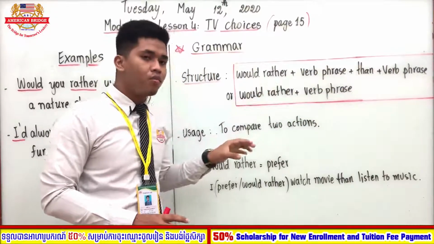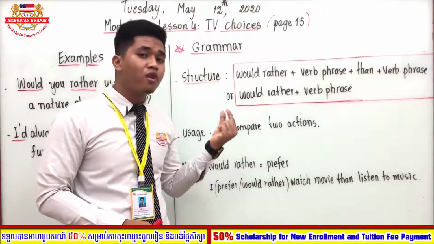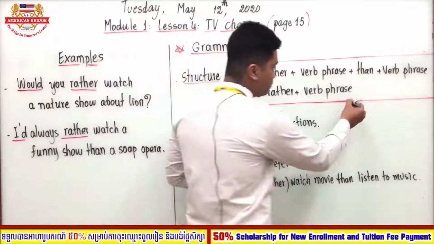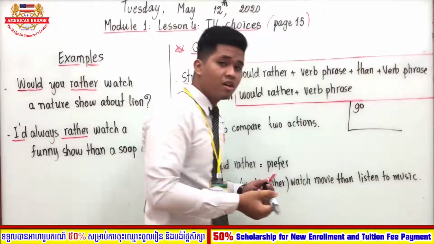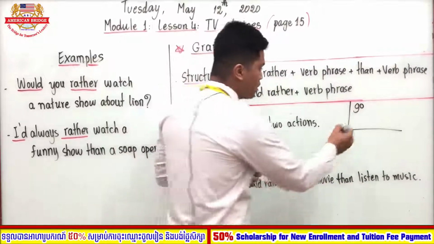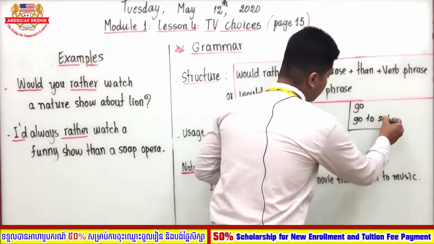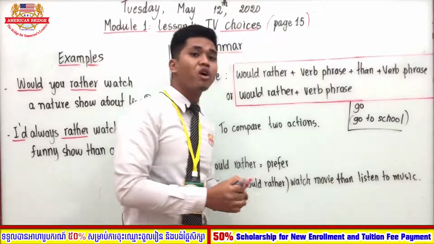It is simple. If we say verb, it has only one verb. For example, let me give you an example here. When I say go, it is a verb. But when I add go to school, all of these become a verb phrase.